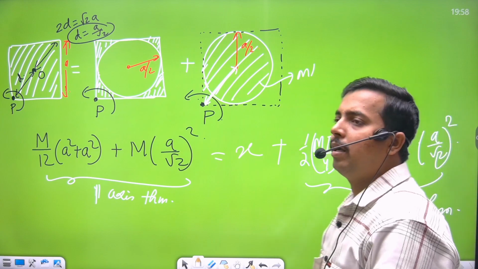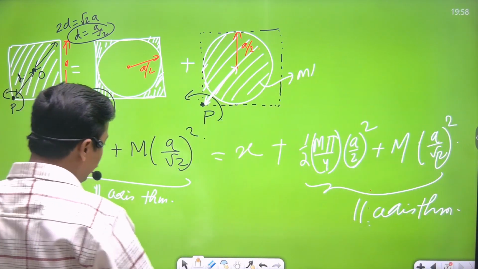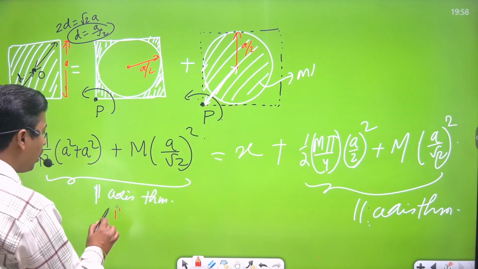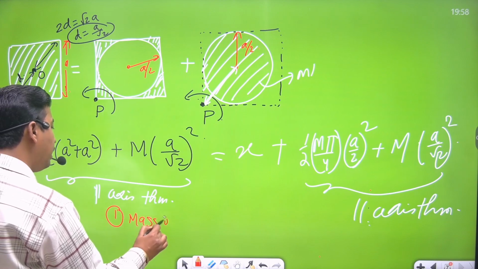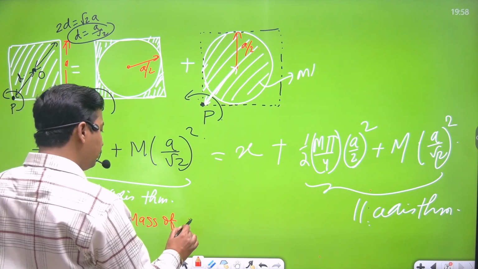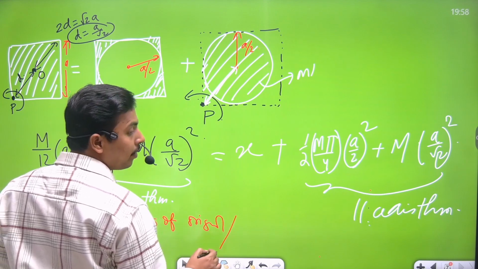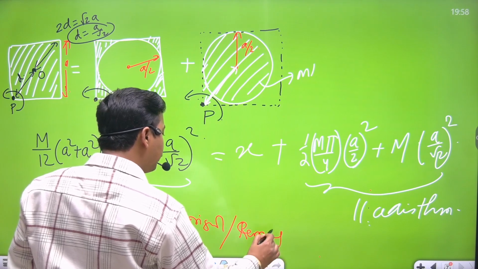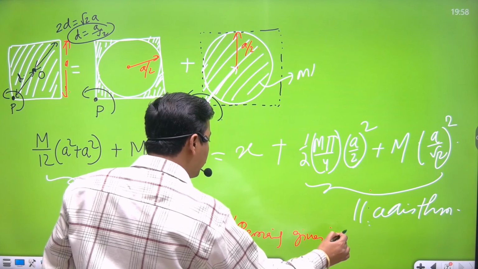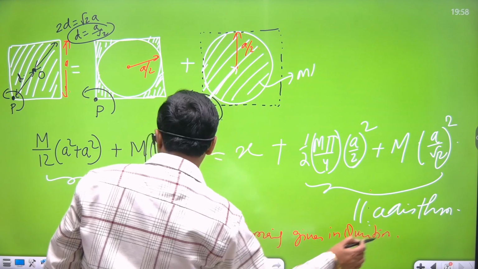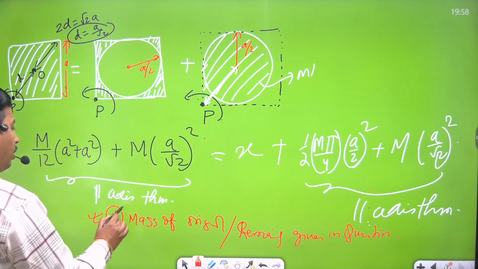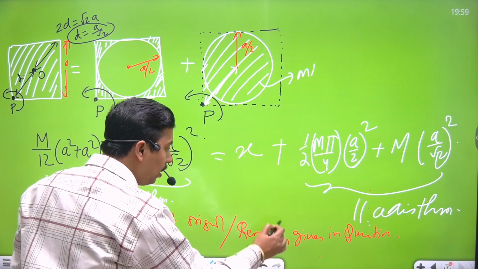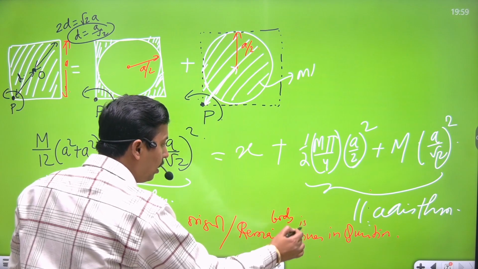So two things are there which have to be minutely observed while doing questions of this topic. First thing is the mass of which body is given: the mass of the original body or the remaining body is given in the question.